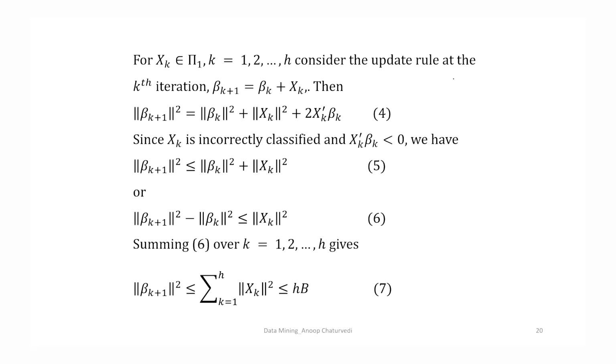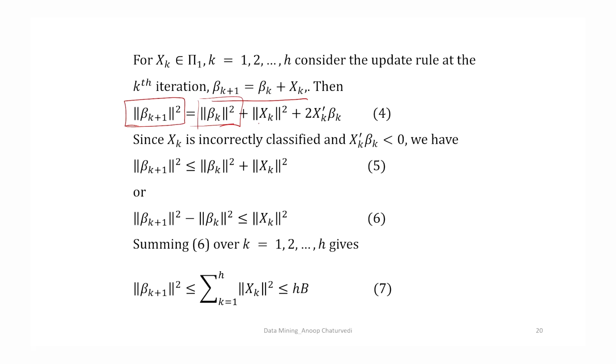Now, we consider the update rule at the kth iteration, say beta k plus 1 equal to beta k plus x_k. Then the norm of beta k plus 1 square is equal to norm of beta k square plus norm of x_k square plus twice x_k transpose beta k.